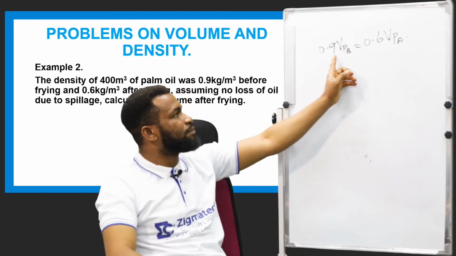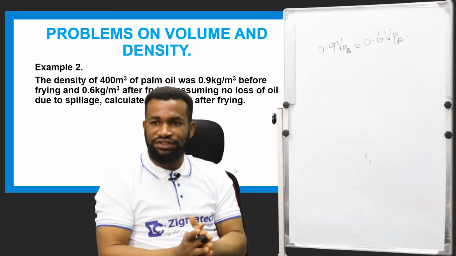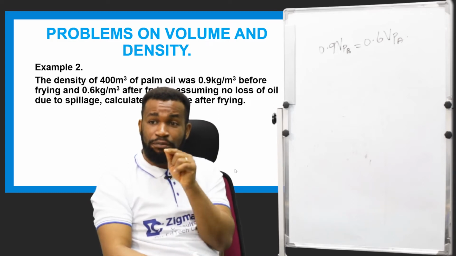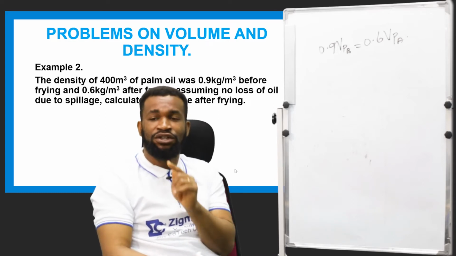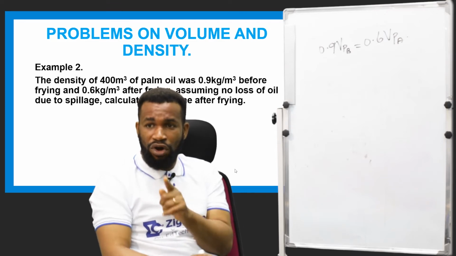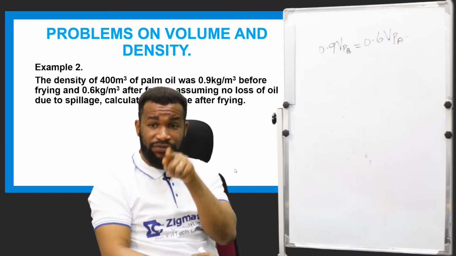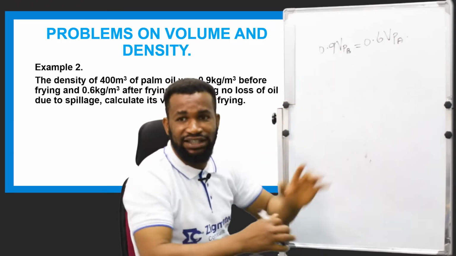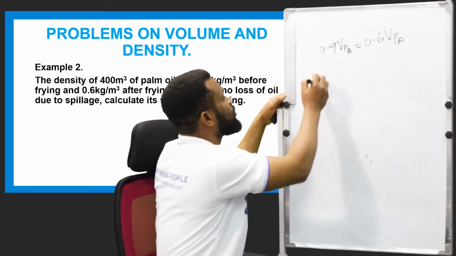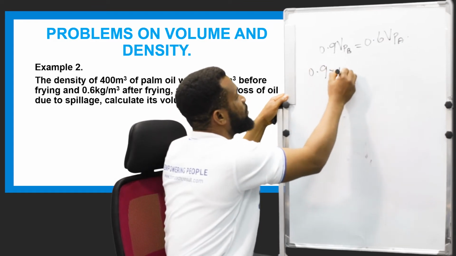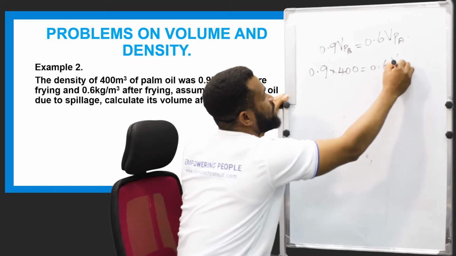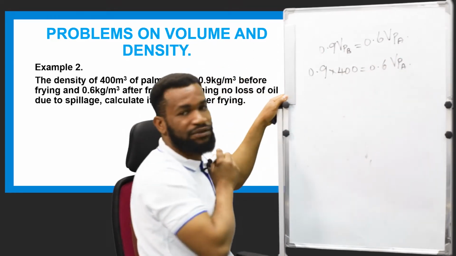So the mass of the palm oil does not change. The density of the palm oil was this before frying, and we know the volume of the palm oil before frying. It was given as 400. So I'm going to have 0.9 times 400 is equal to 0.6 times volume of the palm oil after frying.